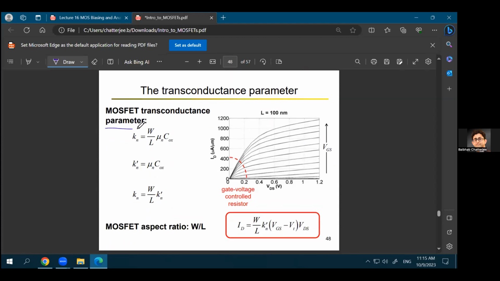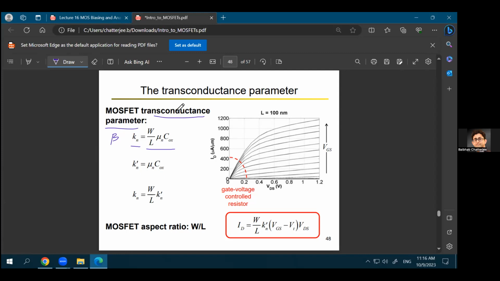So the MOSFET transconductance parameter, which is basically the device transconductance, in most books is represented as K, K subscript N, or you may also see it represented as beta. We know that beta was something we discussed in our previous classes, and we called beta a feedback factor. In some books the MOSFET transconductance parameter is also called beta.